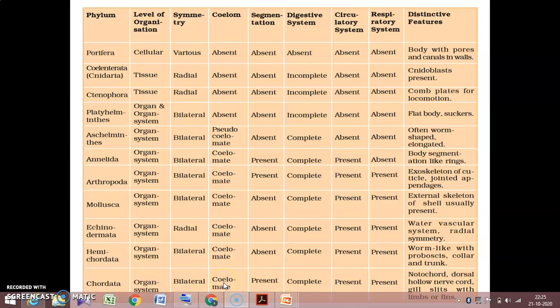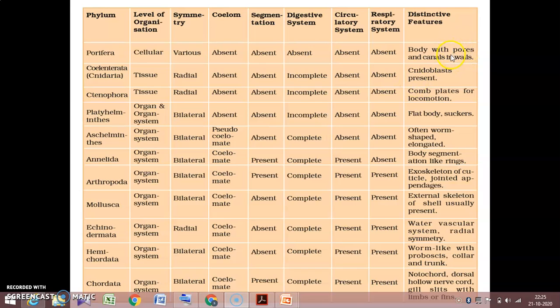That's why they are coelomates. Then segmentation starts from Annelida onwards, but in Mollusca, Echinodermata and Hemichordata it is absent. The digestive system is complete from aschelminthes onwards. The circulatory system is present from Annelida onwards. Respiratory system is present from arthropods onwards. In all other organisms, either cells or tissues are doing this function.